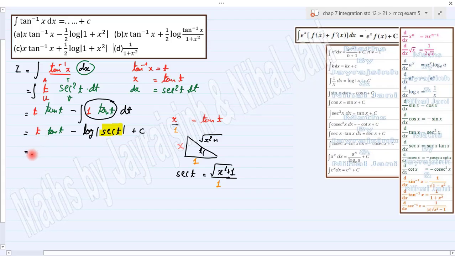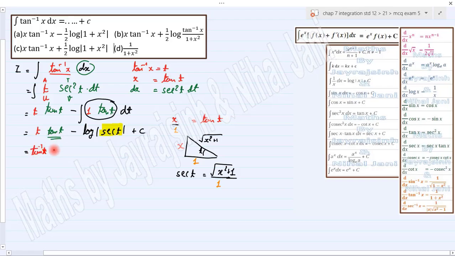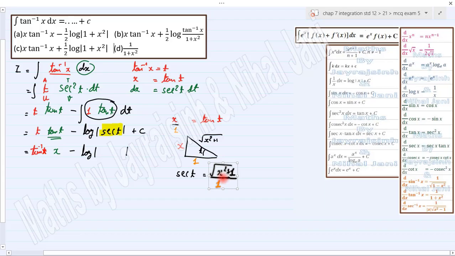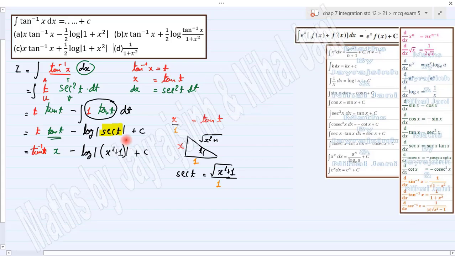Your t will become tan inverse x, and your tan t will become x, minus log mod your sec t, which is under root of x square plus 1, plus c. But we don't have to worry about this one. And this under root can be rewritten as (x square plus 1) whole raised to 1 by 2.